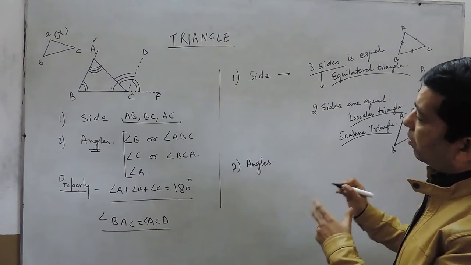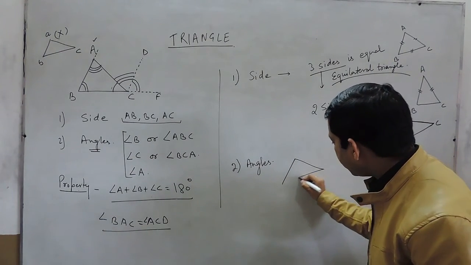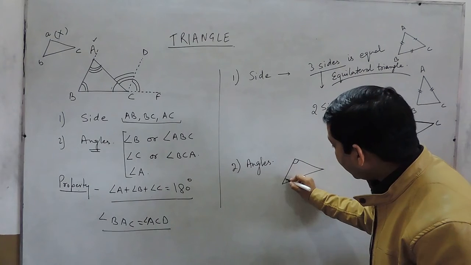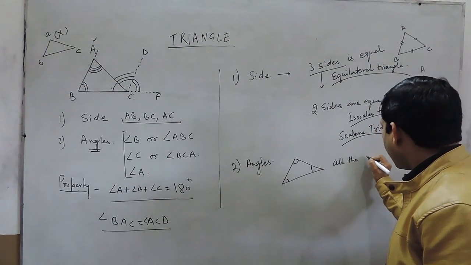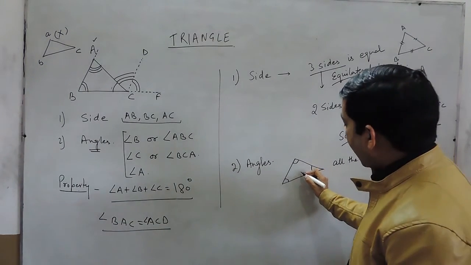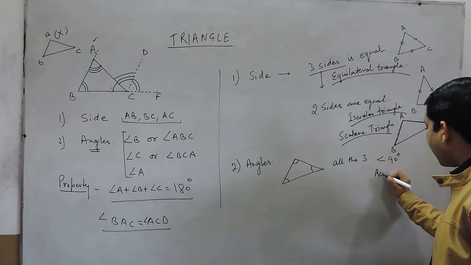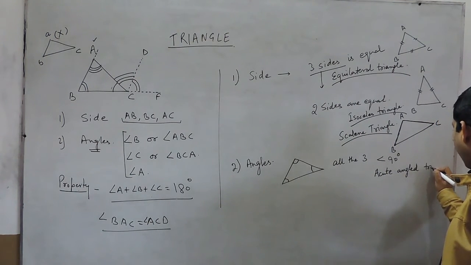We can also classify the triangle on the basis of angles. When all three angles are less than 90 degrees, then this triangle is known as an acute angled triangle.